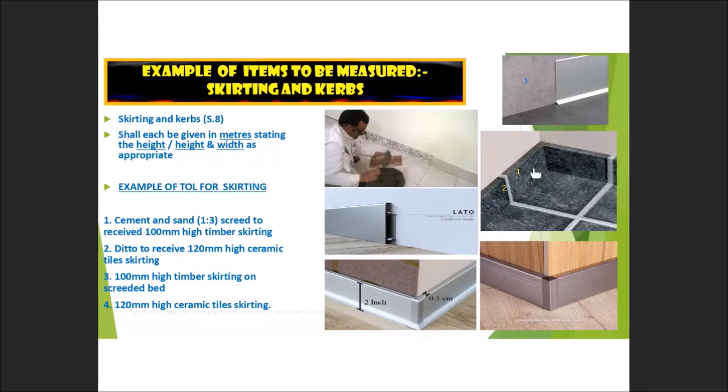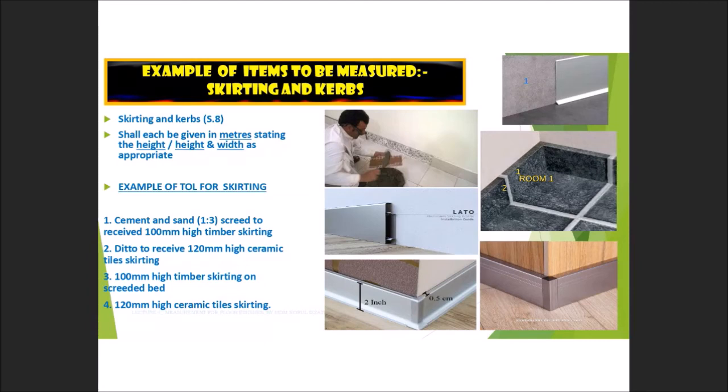Okay, but let's say you have this one, and this is room number 1. And in room number 2, you have the same material, but the height is different. Can you measure in one item? The answer is no. If you have another room but having different height, you have to measure separately.